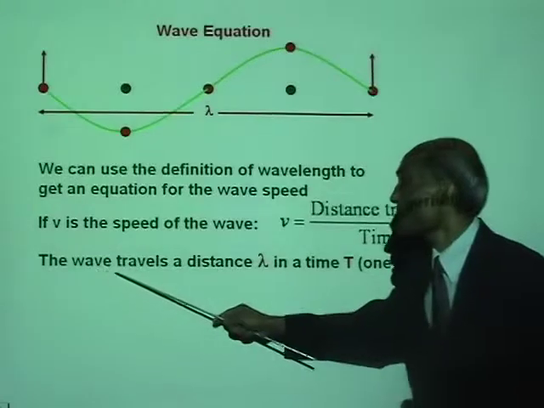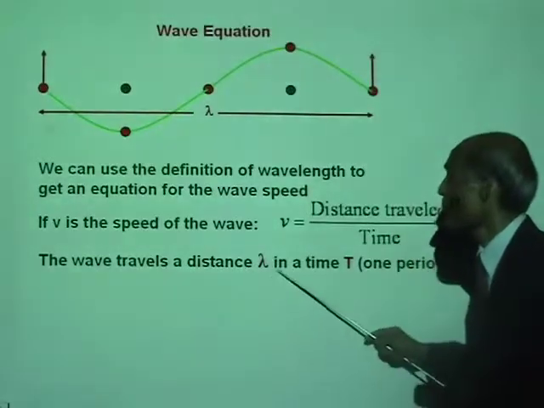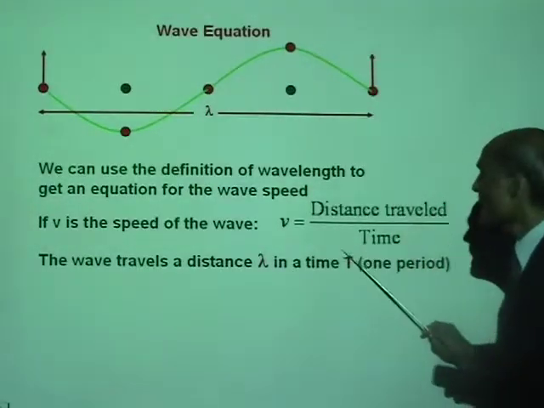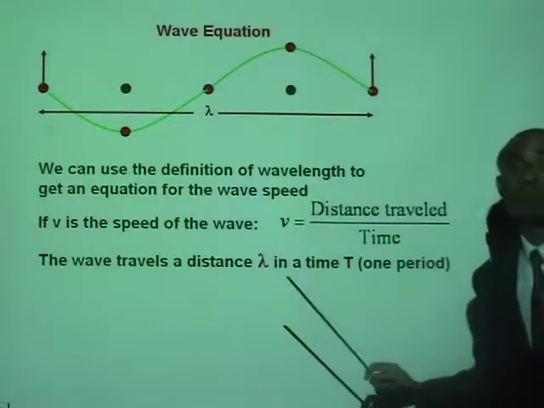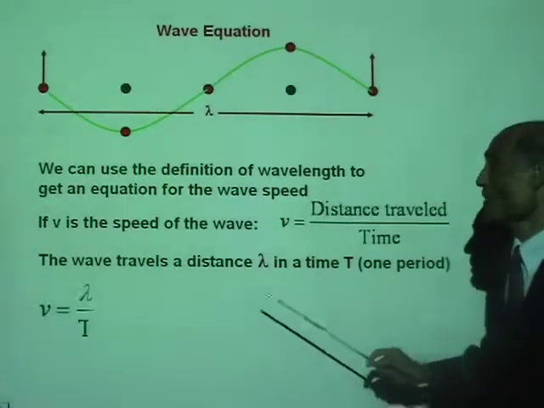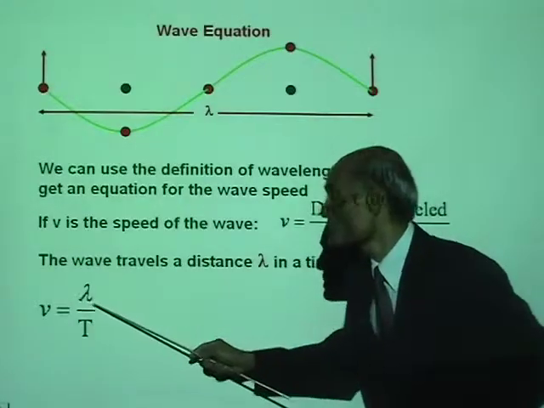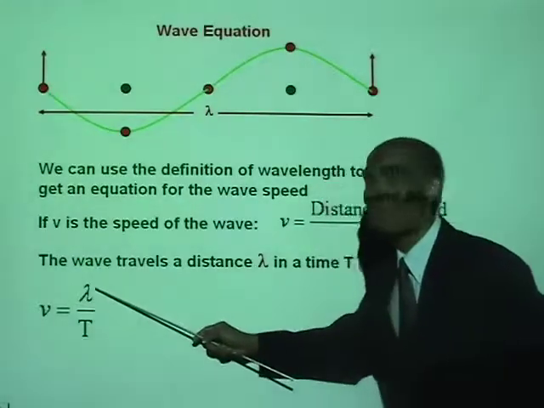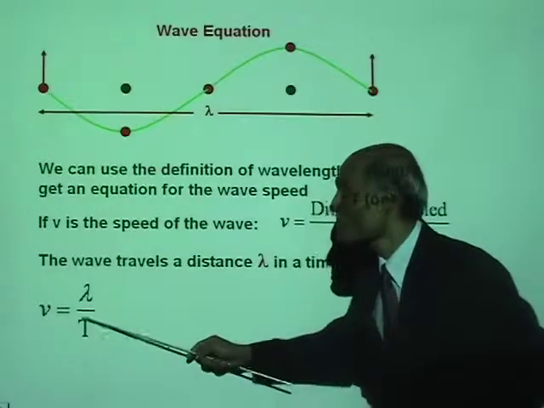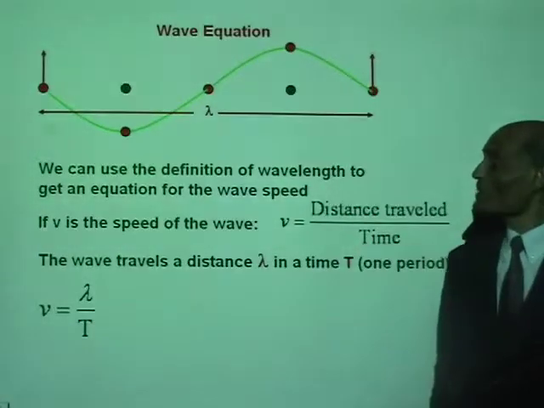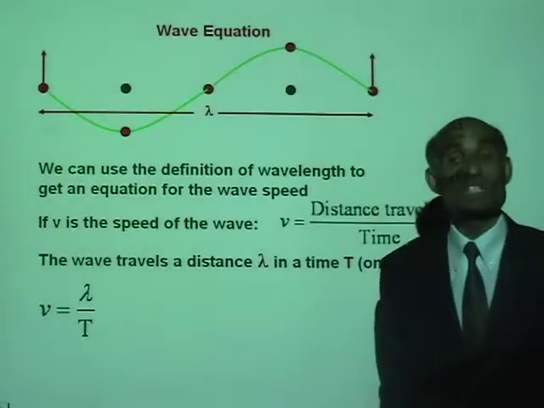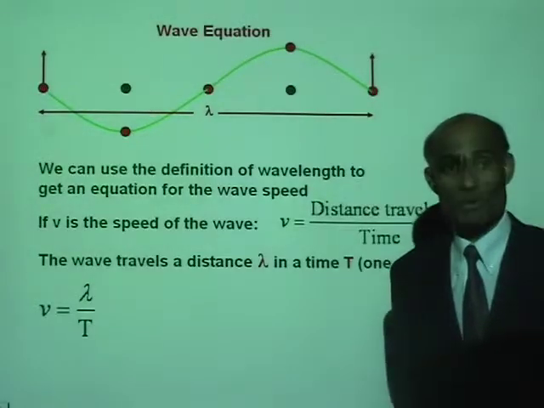The wave travels a distance of one wavelength in a time of one period. So I can write v, the wave speed, equal to distance over time. Distance is the wavelength and time is the period. v equals lambda over T. Is that right?